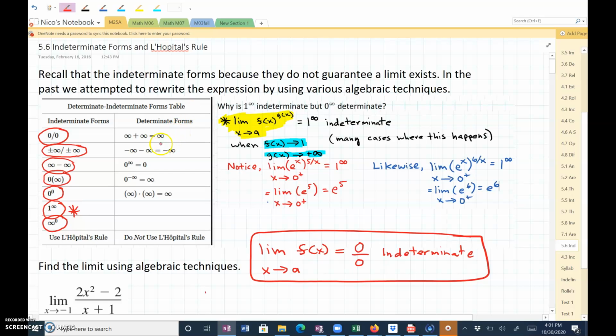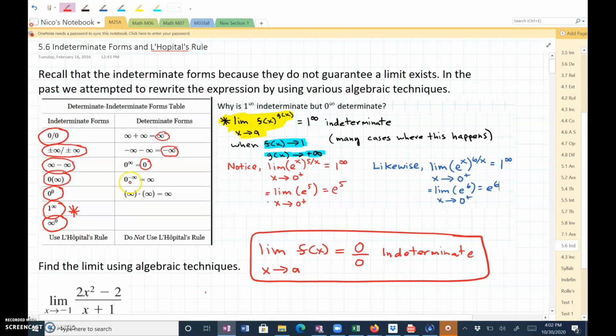Determinate forms: if you get infinity plus infinity, that's still going to be infinity, so you can conclude that is the answer. If you get negative infinity minus infinity, you can conclude that that's negative infinity. If you get 0 to the infinity power, that will always be 0.